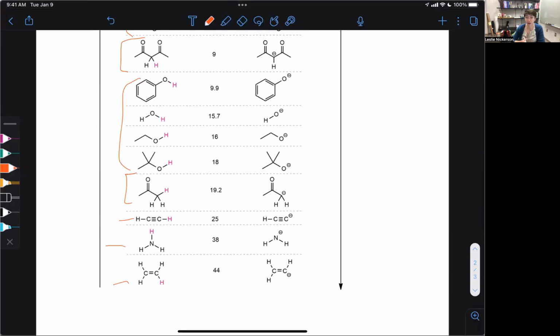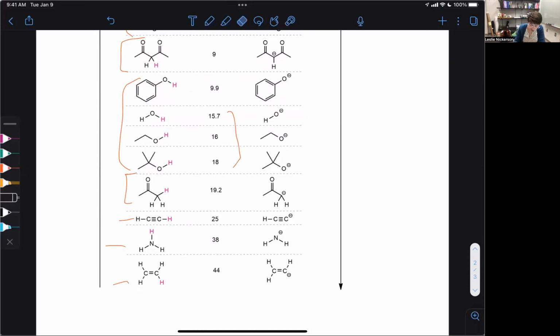So we have a fairly big variety of options here that we can see what the differences are with those pKa's. Even if you don't have your exact specific compound on this list, you can still make an estimate and say, well, I have an alcohol, so it's going to be around 16-ish, and maybe if I have a little bit of resonance, maybe that number goes a little bit lower and makes it a stronger acid.